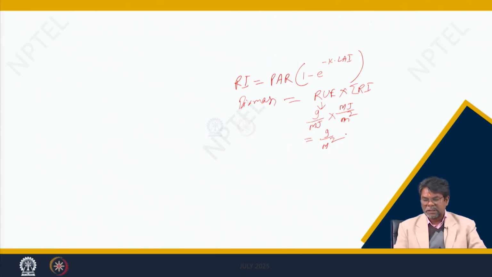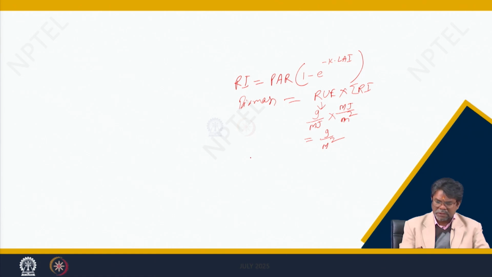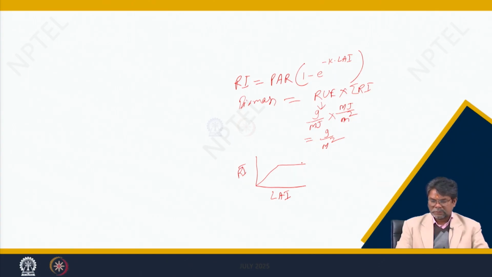So, this is how the biomass accumulates in the case of the crop canopy. That depends upon the leaf area index and extinction coefficient. As we discussed earlier also, if there is an increase in leaf area index, RI increases and then remains constant, and the factor that influences this is the K value.